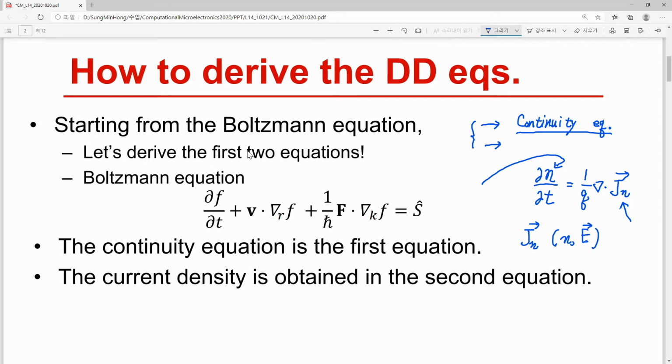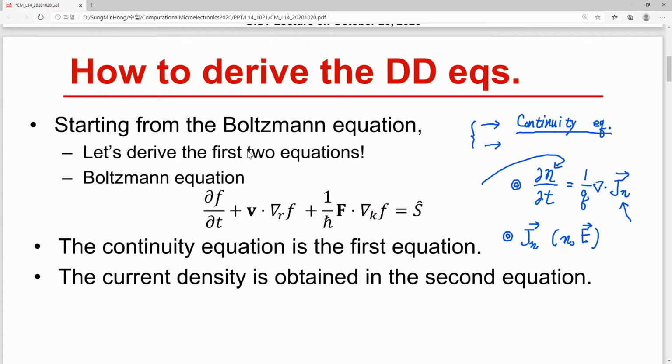That is our goal. These two equations, the continuity equation and another expression for the electron current density, make the so-called drift diffusion equations for electrons. Of course, when we consider holes, we can also write down a similar relation for holes.